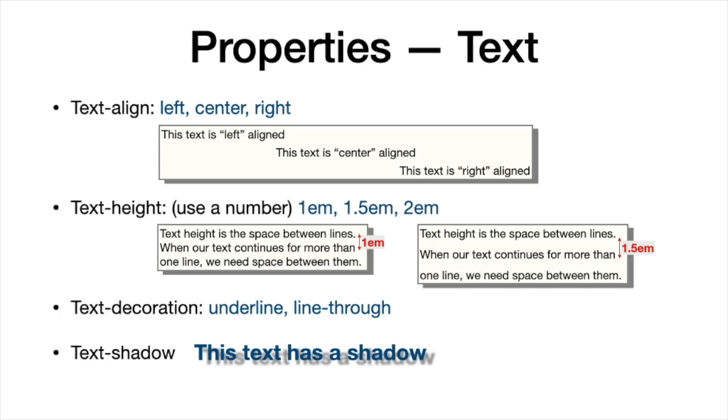Text height is used to determine the space between lines of text. Text decoration gives us a number of effects, such as underlining or crossing out, line through. Another thing we can do is add shadows to text to make it stand out.